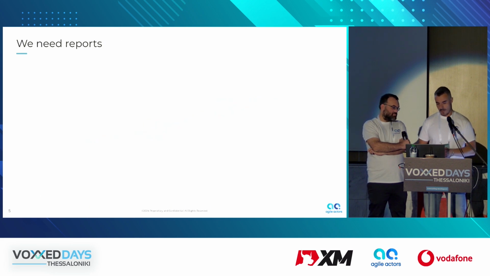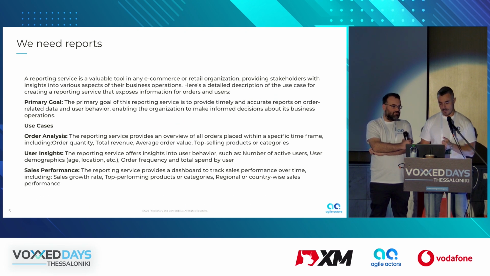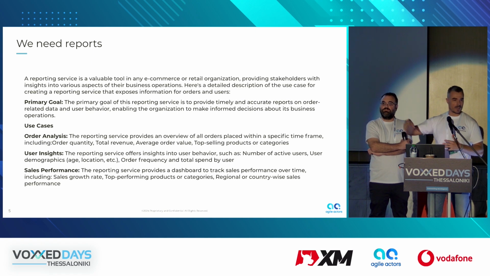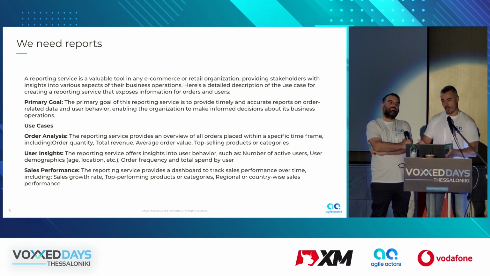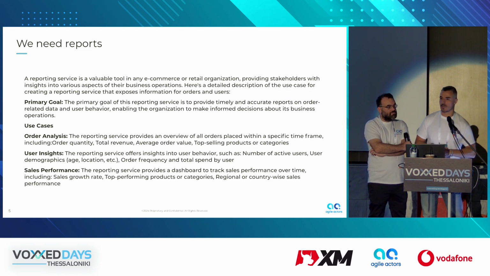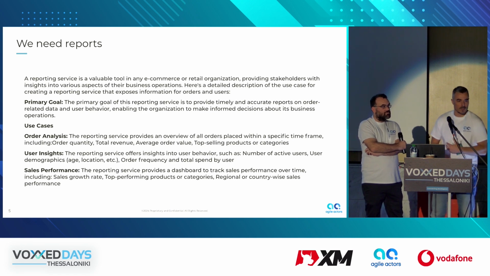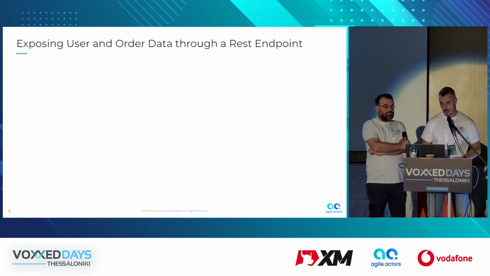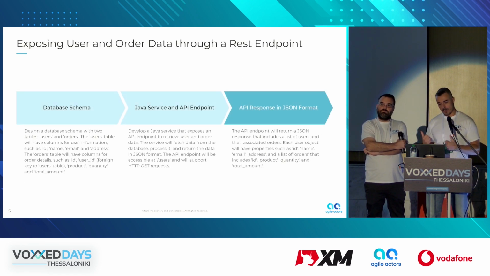So this is the use case. Our primary goal is to showcase a service that exposes an API with orders, users, etc. Not only an e-commerce system, every system out there needs something like this. Business needs reports. That's always the case. So this is what we would like to showcase today.